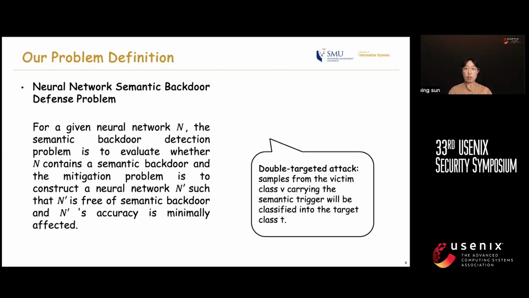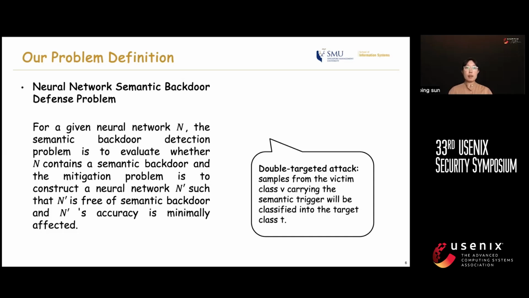And in this work, we are going to solve the problem of neural network semantic backdoor defense. For a given neural network N, the semantic backdoor detection problem is to evaluate whether the neural network contains a semantic backdoor.